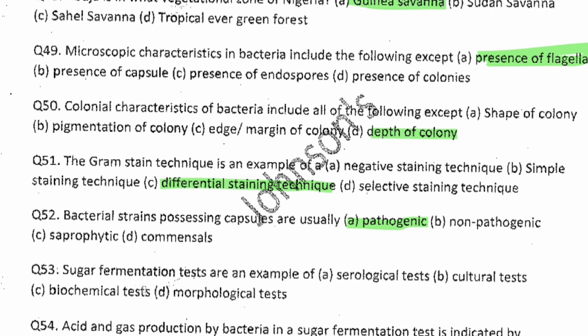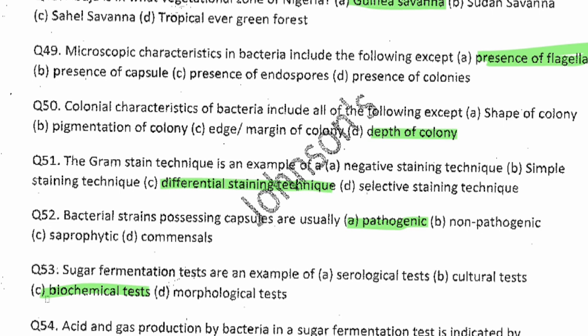Question number 53. Sugar fermentation tests are an example of dash. The answer is a biochemical test. Fermentation is conversion of sugar to alcohol.